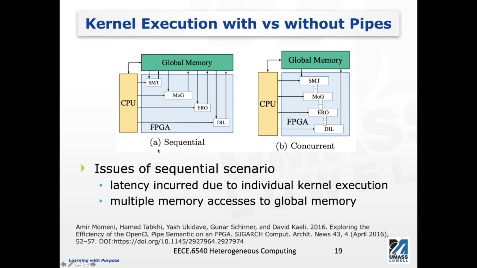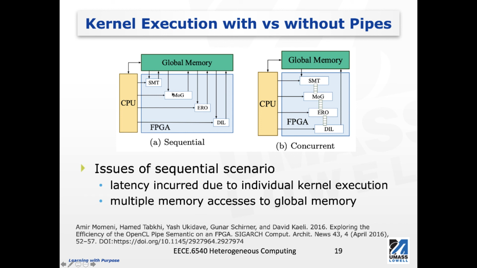Without using pipes, what's going to happen for this 4-stage pipeline is shown on the left side in the sequential scenario. We have the CPU and the FPGA device. In order for the pixels to pass from one stage to another, at each stage the data will be read from the global memory, processed, then stored back to the global memory.